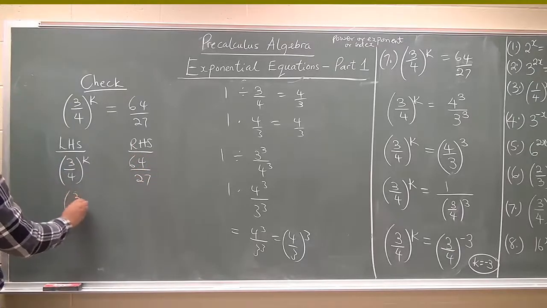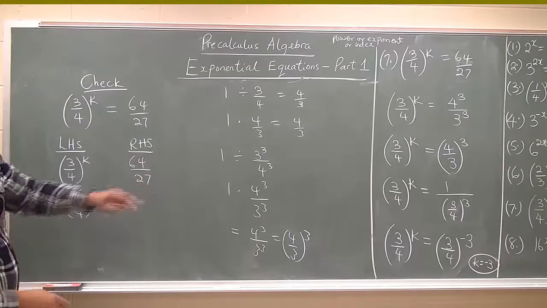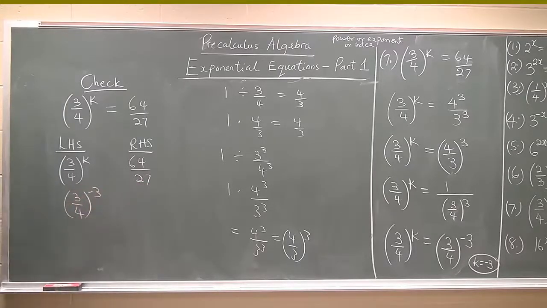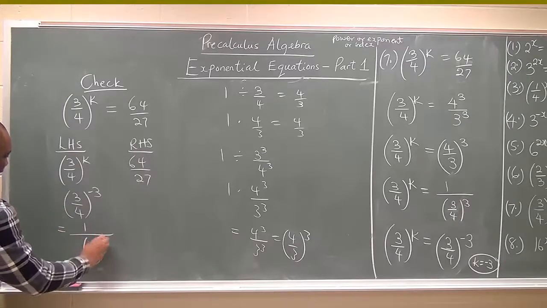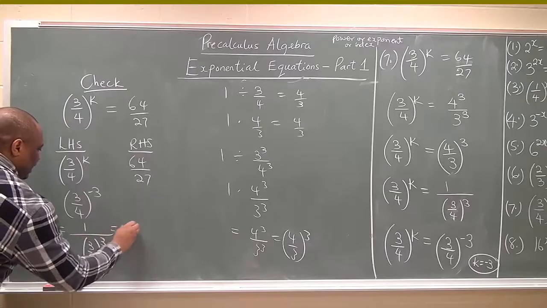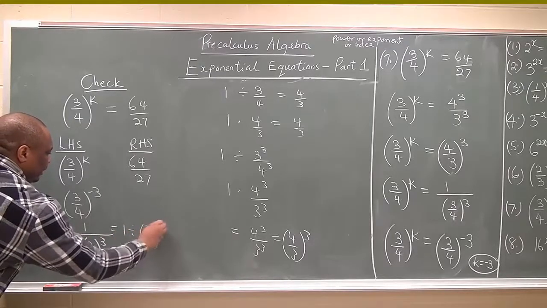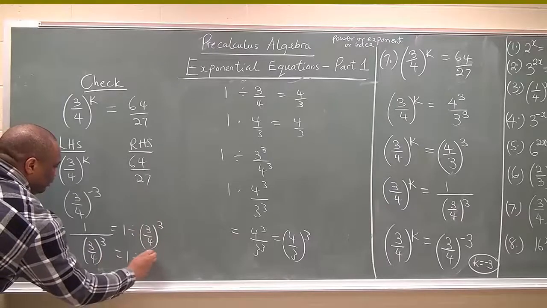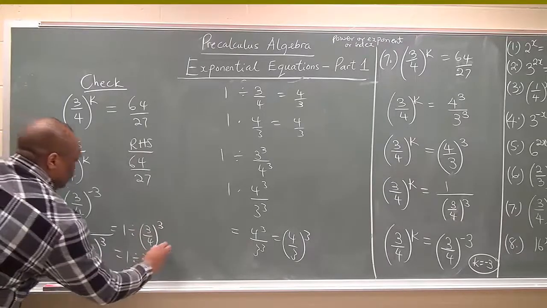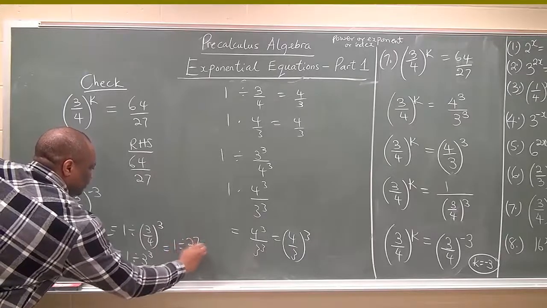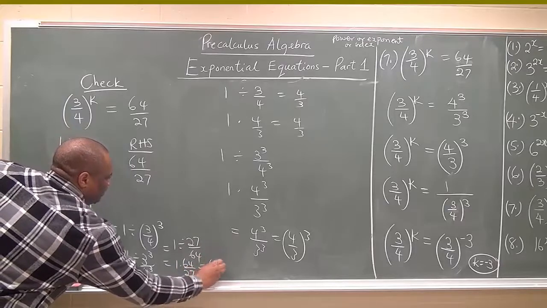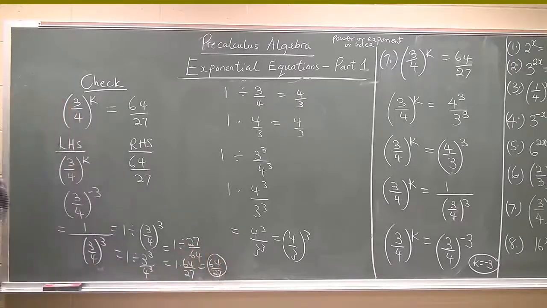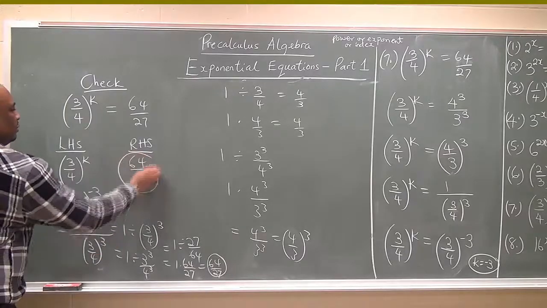So our left hand side will be 3 over 4 exponent -3, and this means 1 over 3 over 4 exponent 3, which is 1 divided by 3 cubed over 4 cubed, which is 1 divided by 27 over 64, which is 1 times 64 over 27, which is 64 over 27. 64 over 27 on your left, 64 over 27 on your right.